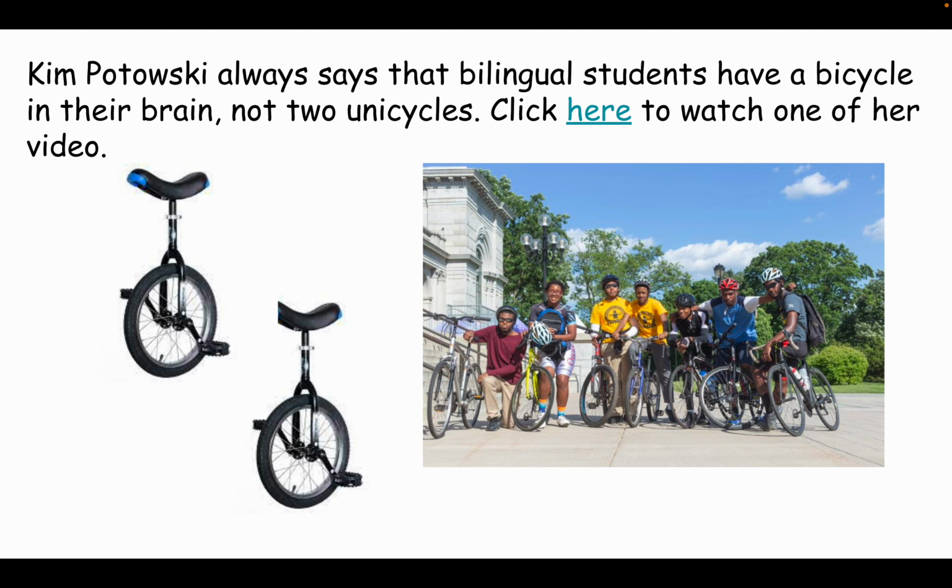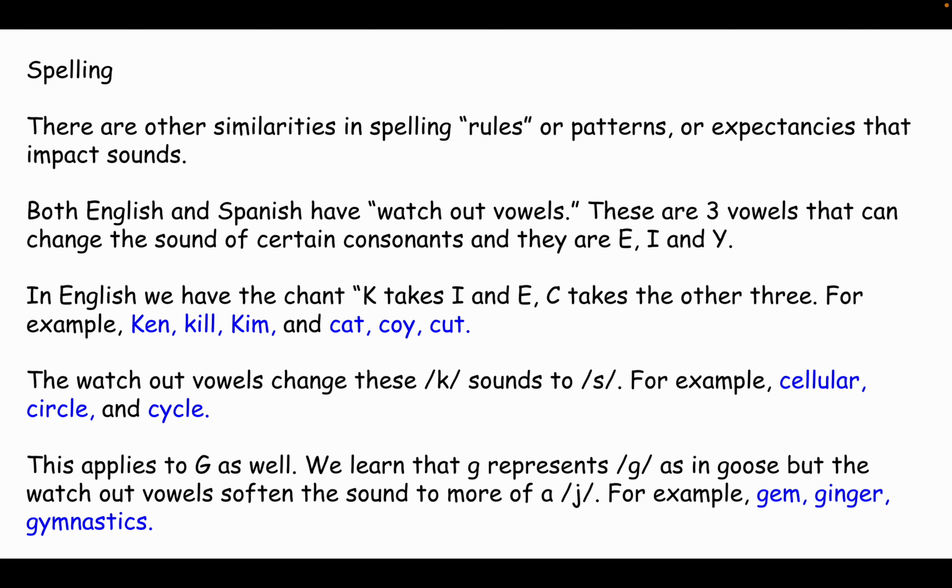And click here for one of her videos. She talks so well about making sure that we're supporting both sides of our brain in both languages, because we tend to try to separate English and Spanish or the other home language, but kids learn best when they are connected. All right, so now we're going to move on a little bit to spelling.